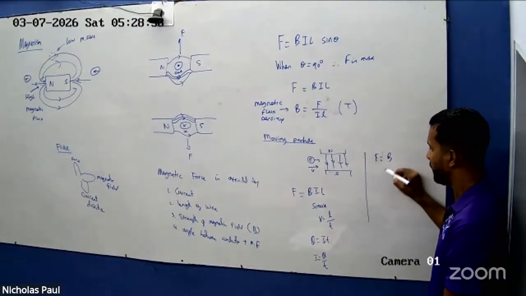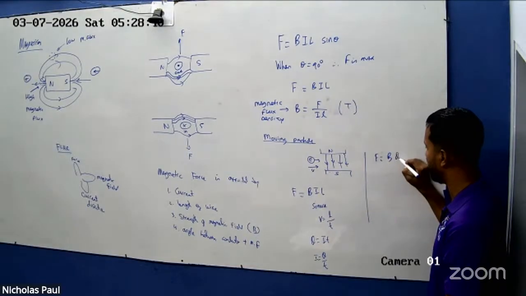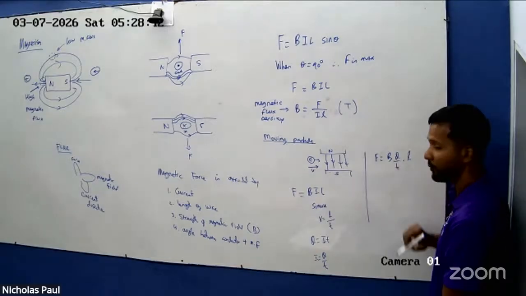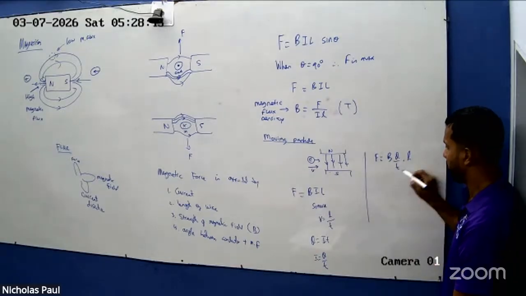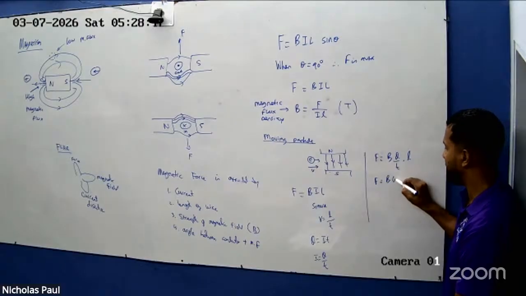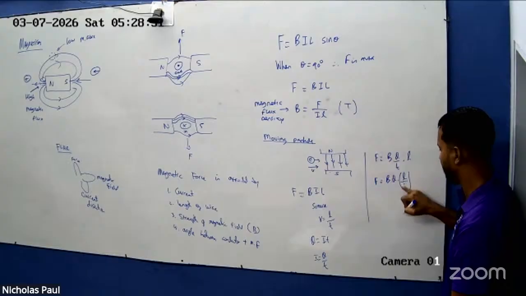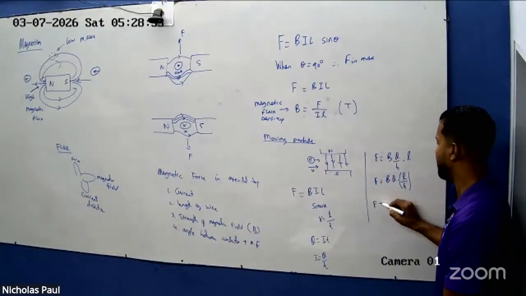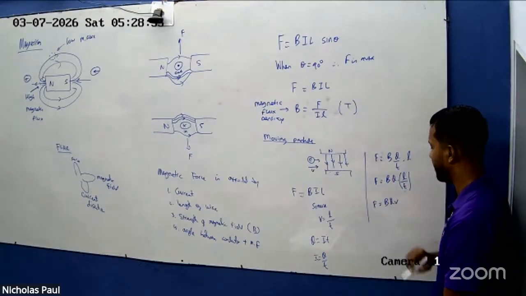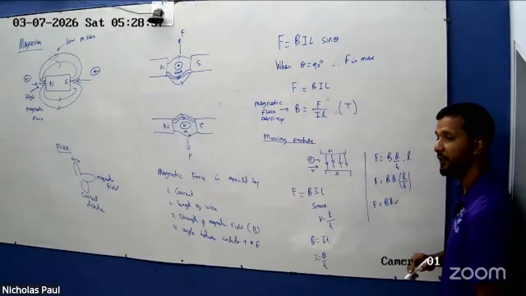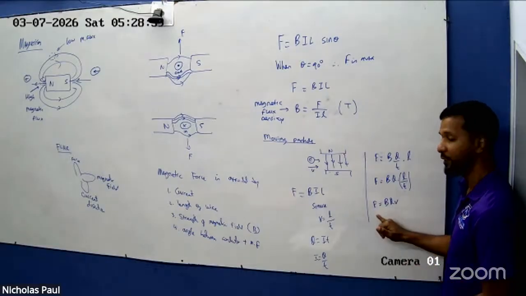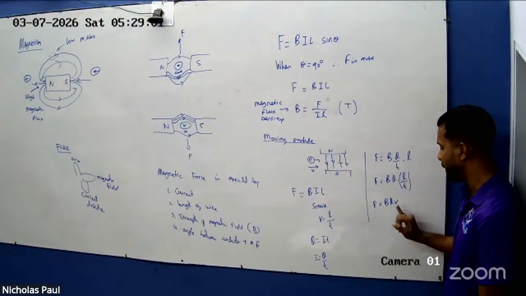So F is equal to BQv. That's the formula for the force exerted on an electron moving in a magnetic field with a speed v.